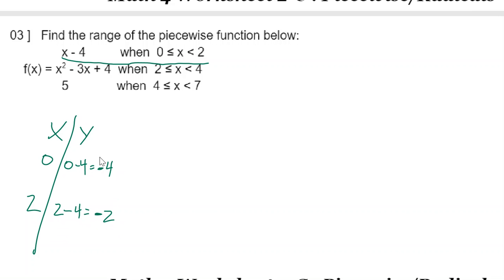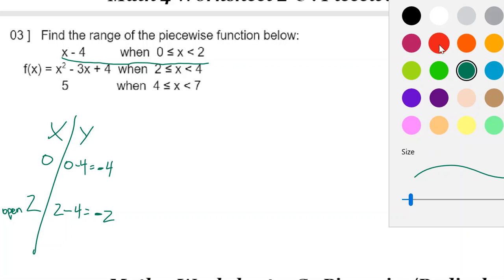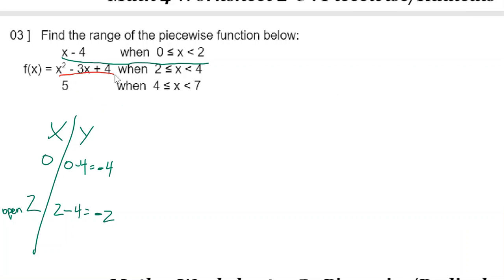Now I will note that this is an open circle, just in case we need it later on. And then we're going to pick up the next one, this guy. And we're going to go from 2 to 4, and there's an open circle where 4 is, less than.